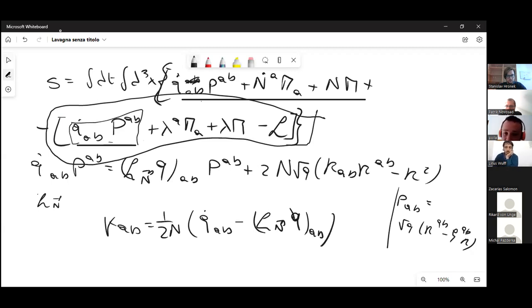We derive that P AB is given by this term here. Yeah, but that's what is strange. Why is P AB given in terms of that? P AB is the momentum. K AB is also given by the derivative of the metric, and so when we replace this K here, we get that. But then it's wrong to have K AB in your action, or in your Hamiltonian.